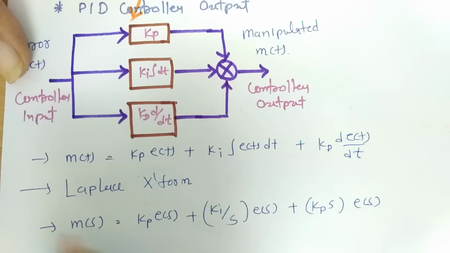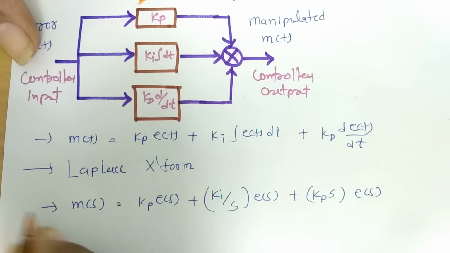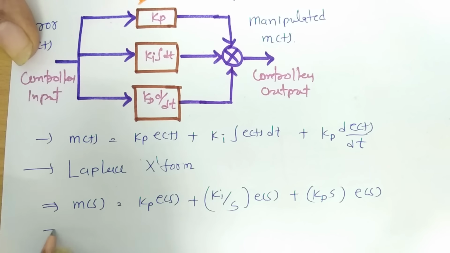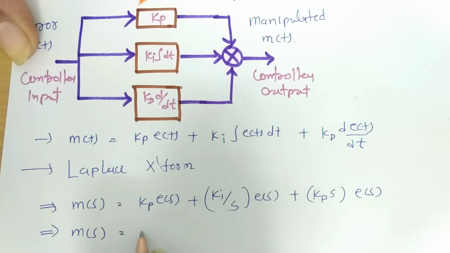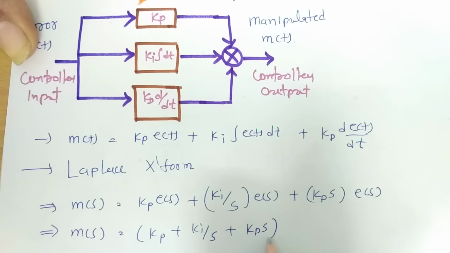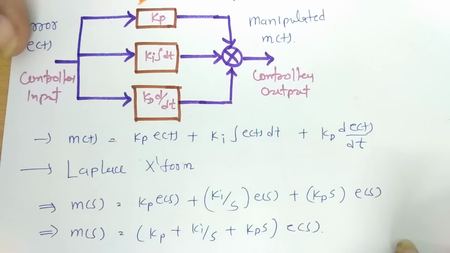Let us rewrite this. M(s) equals Kp plus Ki by S plus Kd S, into E(s). So this will be the controller output.